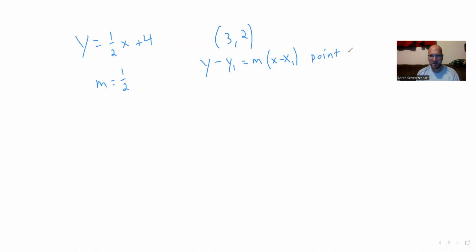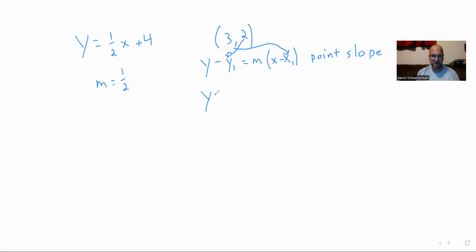And my x and y go in for x1, y1, not for x and y. This coordinate here, the x coordinate goes in here for x1, the y coordinate goes in here for y1. It is opposite the sign.